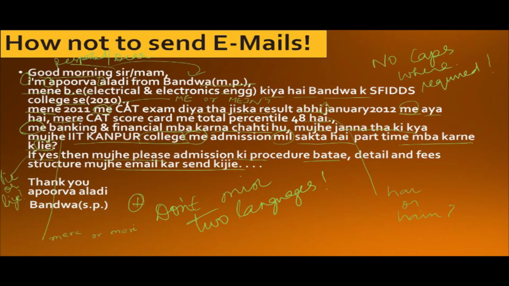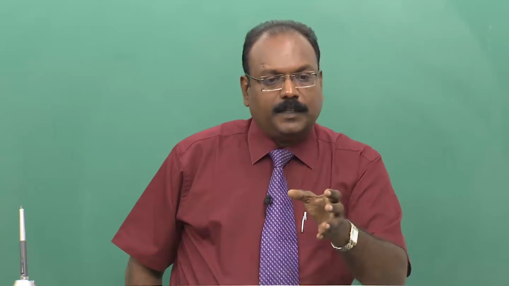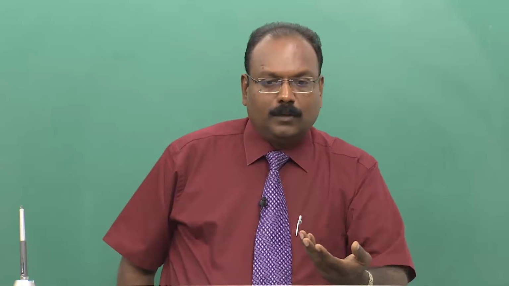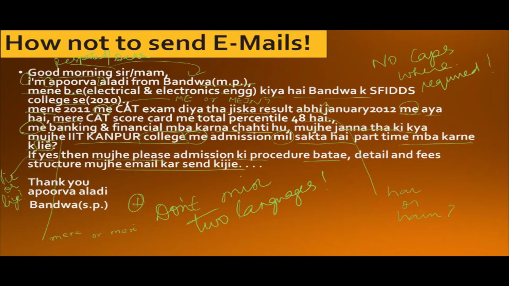CAT exam diya tha, jisko result abhi. All this part has to be in English. January month should be in capital J. After January there should be a space, then the year, again me or may. And then mere, is it mere in English or mere or Mary? So, when somebody knows only English, it is very difficult to read this mail. CAT score card, me or may, total percentile 48, hai or hain.